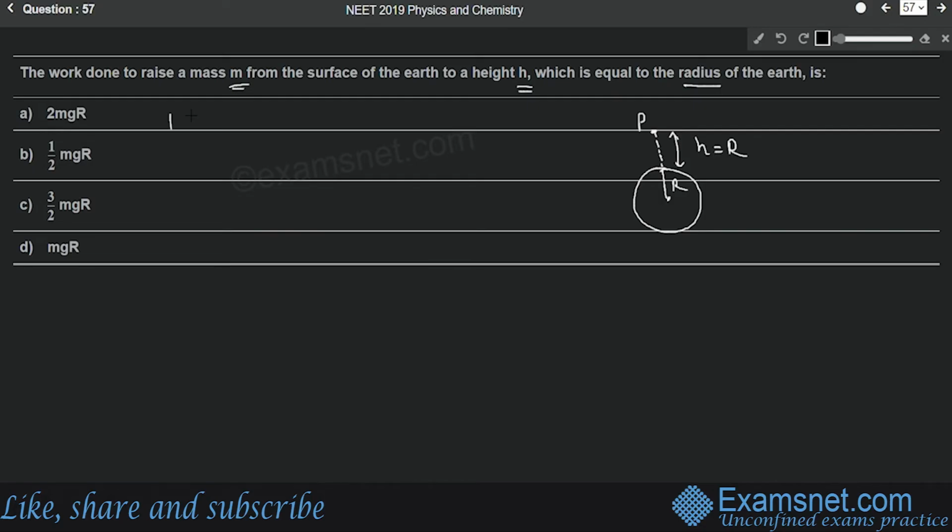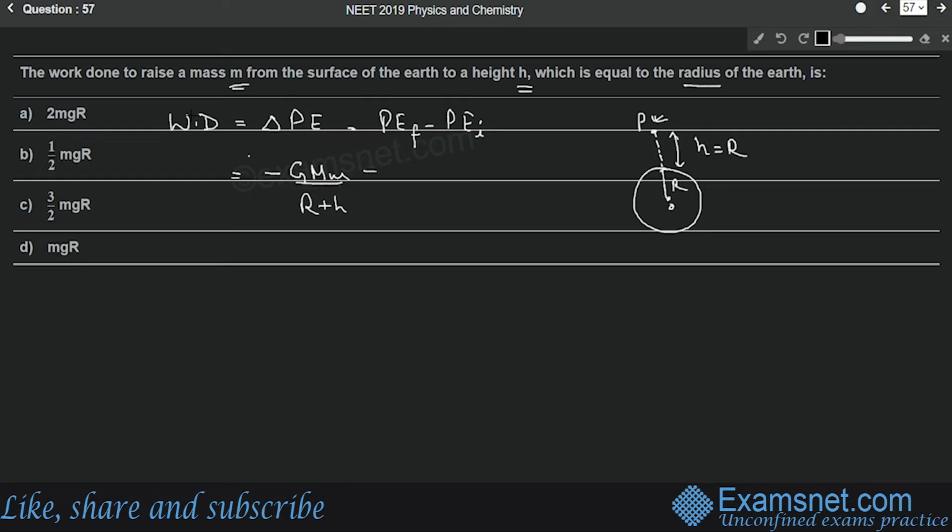Now what do we have to find out? We have to find out the work done, and according to the work energy theorem, work done is equal to change in potential energy, that means final potential energy minus initial potential energy. Final potential energy will be minus GMm by R plus h, because the total distance of this point P from the center will be R plus h.